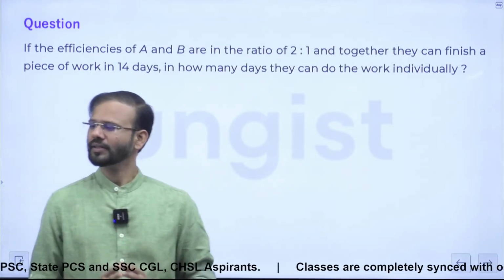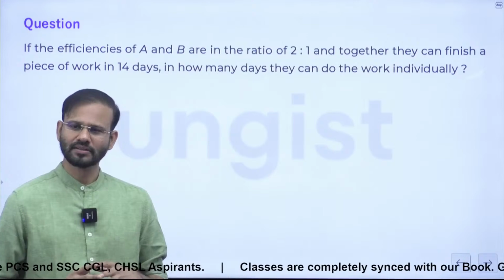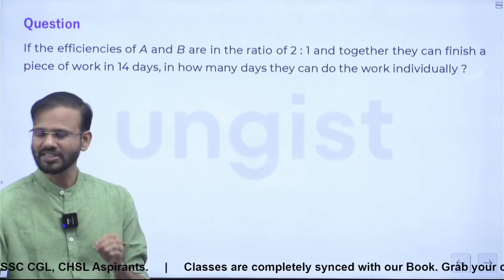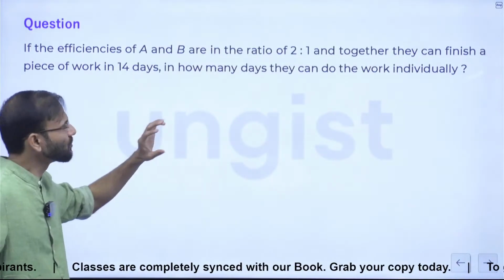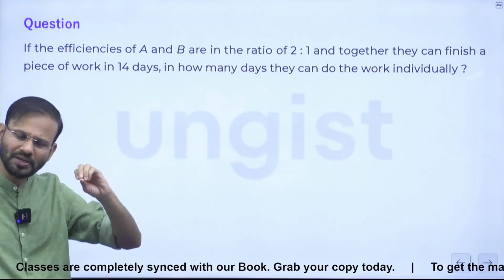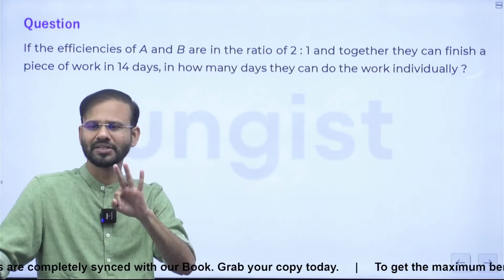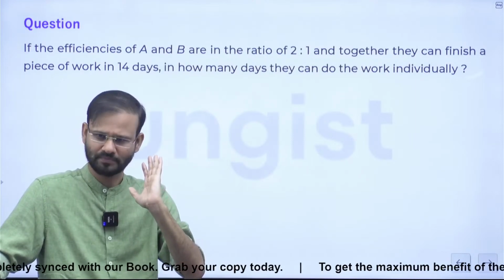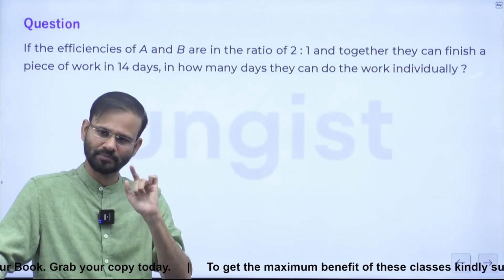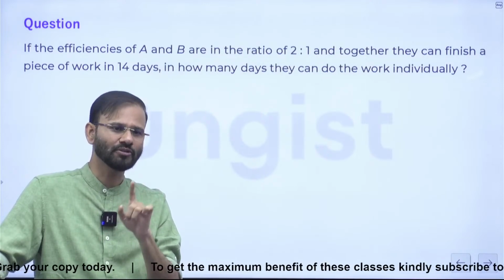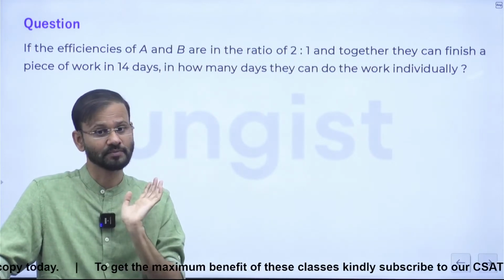Here, the ratio of their efficiencies is what? 2:1, right? So let's say the total work is 2 plus 1, which is 3 units. Just think on it. They both worked on the project for 14 days and the work was finished.